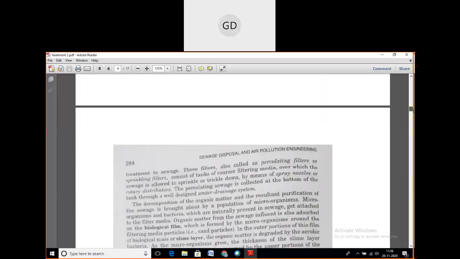The conventional trickling filter and its improved forms, known as high rate trickling filters, are now almost universally adopted for giving secondary treatment to sewage.